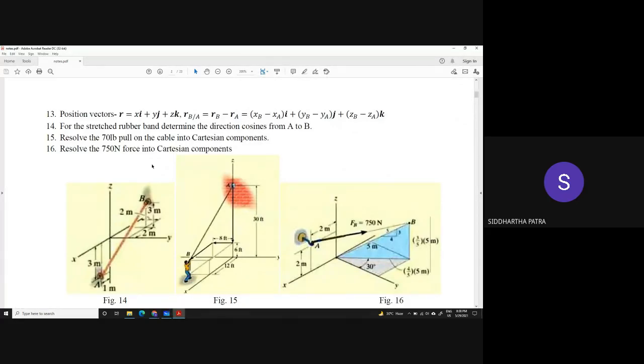Okay, again, another force which needs to be represented in Cartesian components.